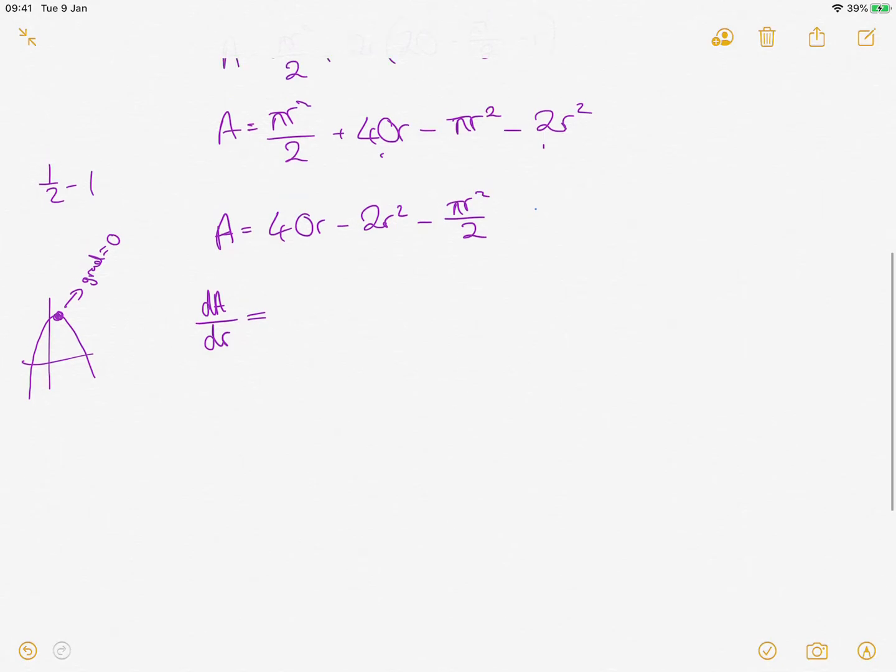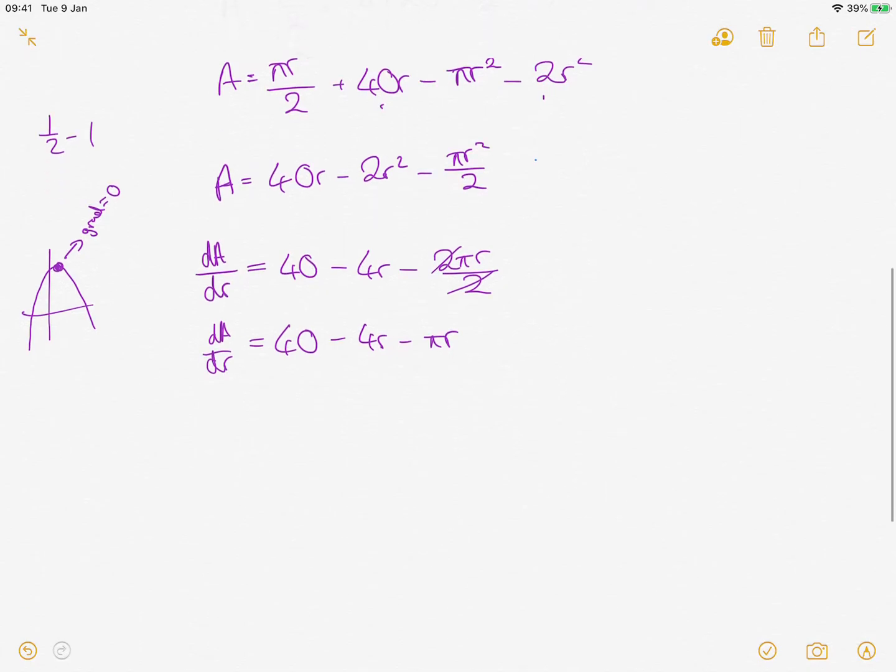So let's differentiate that. So I've got my dA over dr is equal to that. So then if I set that equal to 0, then I can try and work out what r is.